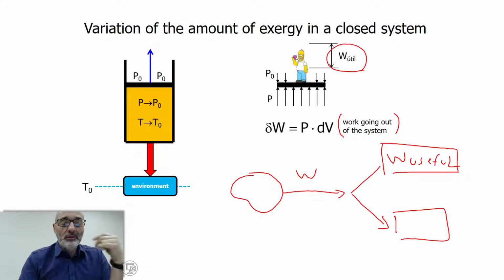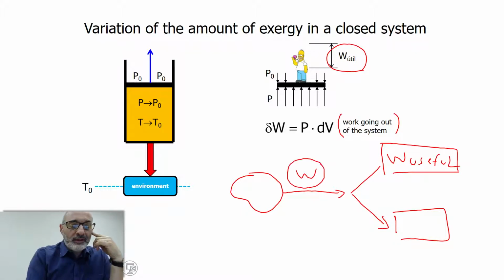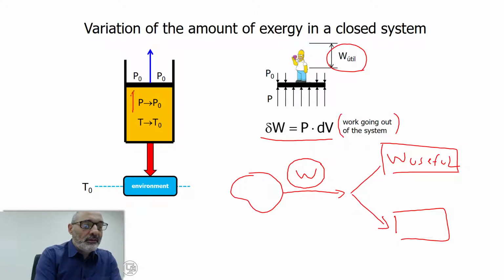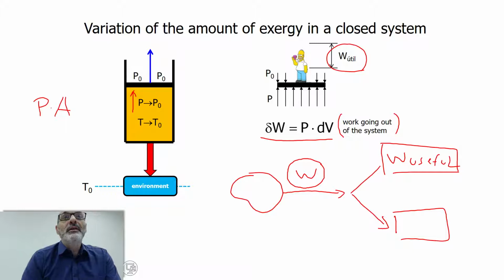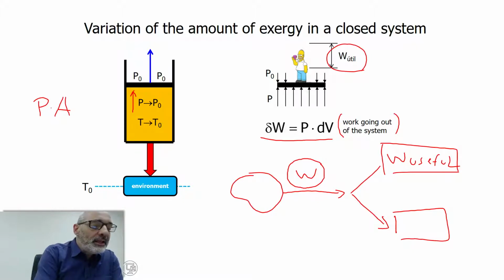So the amount of work produced by the system's expansion is this amount here. A force, the force down here, which is P times the area of the piston, times a small displacement d.